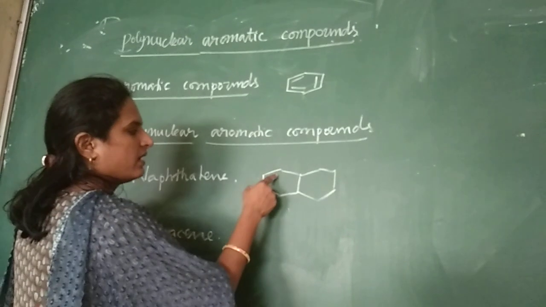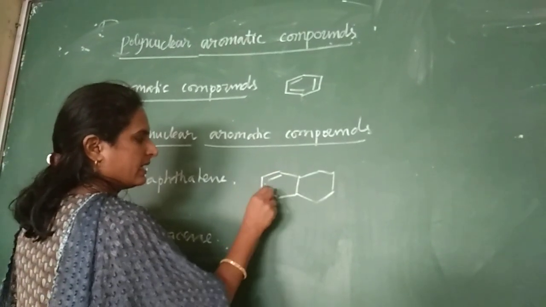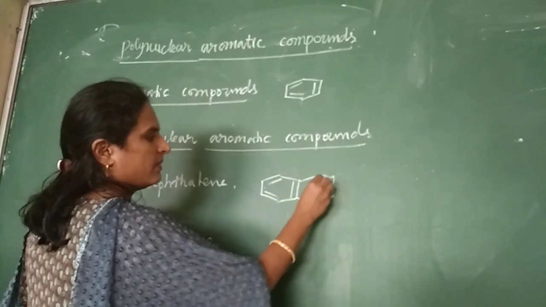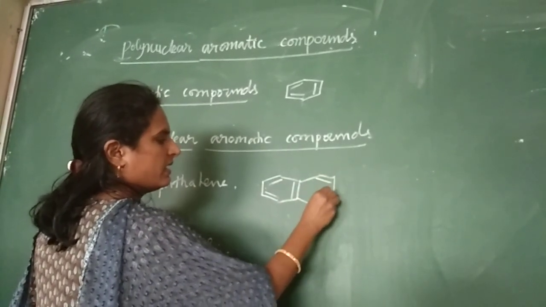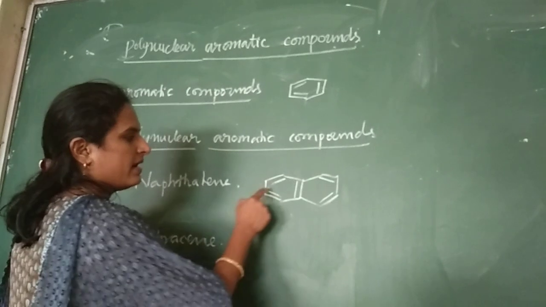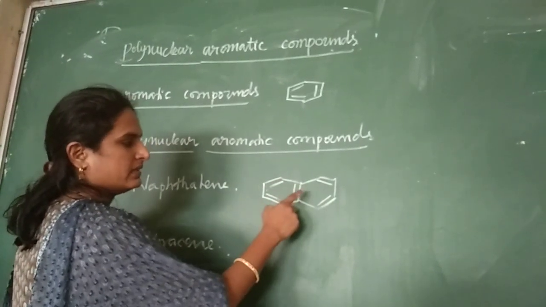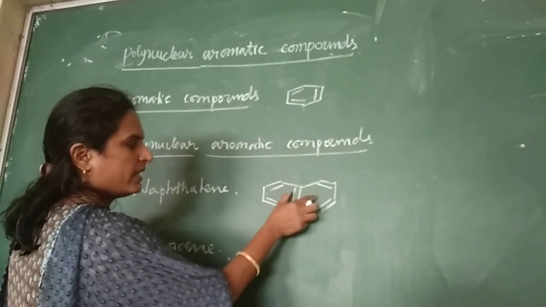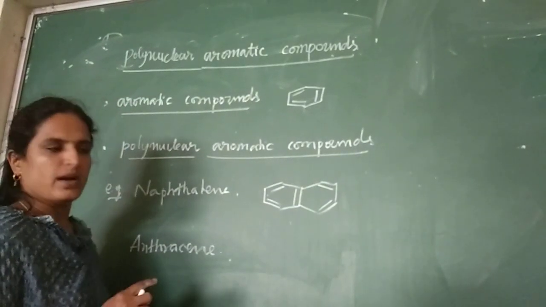Here, double bond, single bond, double bond, single bond, alternating double and single bonds are present. Here, two benzene rings fused together to form the naphthalene compound.